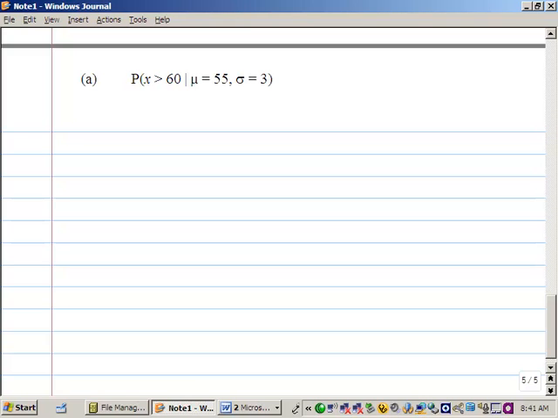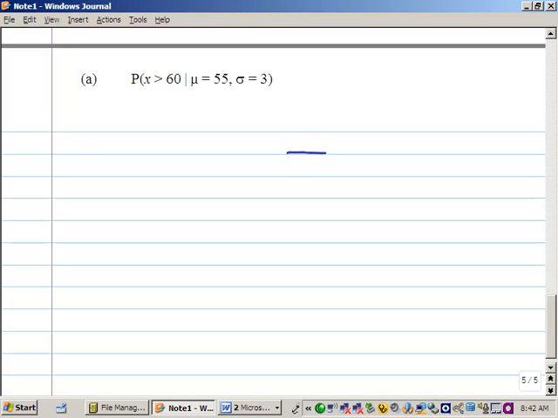So this example: probability x greater than 60, mean of 55, standard deviation of 3. In all these examples you'll see that I've used whole numbers. There's nothing magic about these whole numbers. We could have any nasty looking numbers that we could imagine, but just to make the examples easy, you can generalize from there.